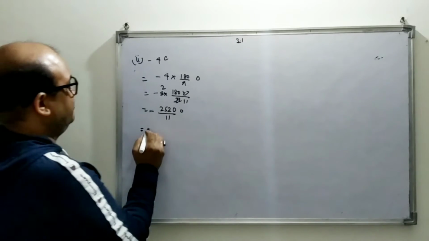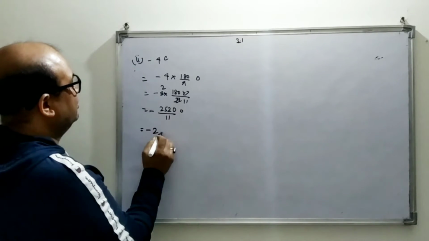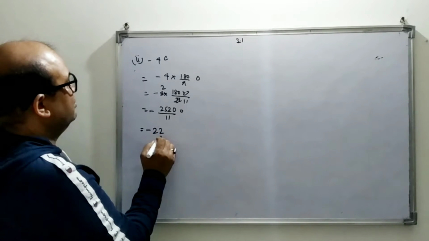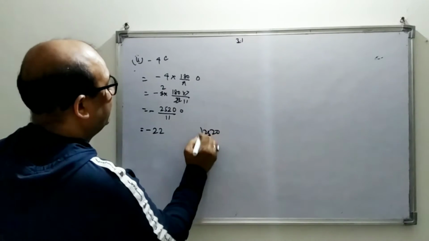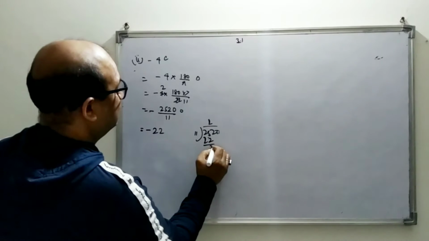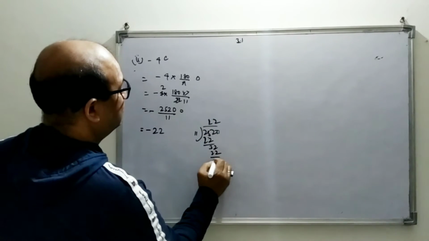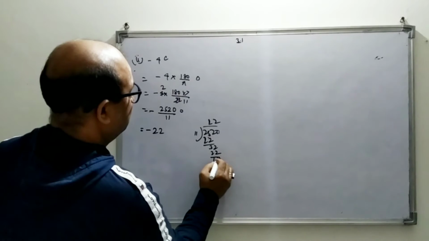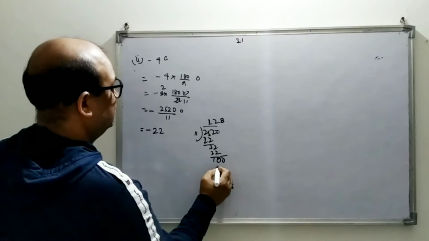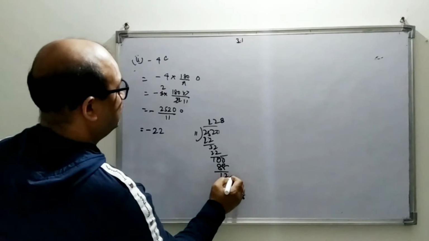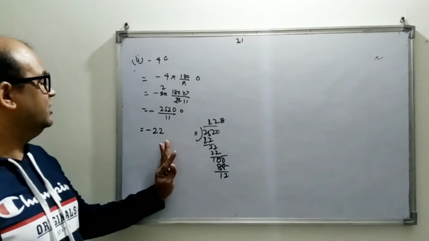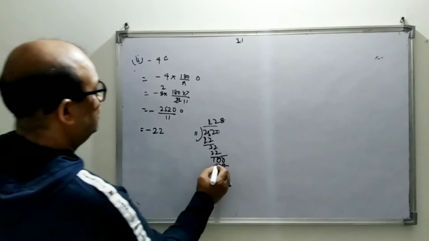What I do? Divide it. Minus 2520 divided by 11.